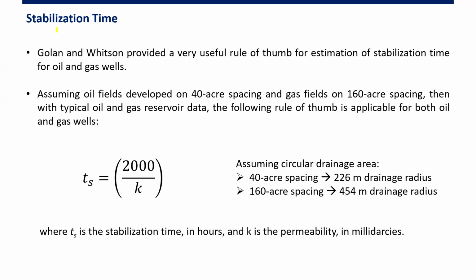Golan and Whitson provided a very useful rule of thumb for estimation of stabilization time for oil and gas wells. Assuming oil fields develop in 40-acre spacing, and gas fields on 160-acre spacing, then with typical oil and gas reservoir data, the following rule of thumb is applicable for both oil and gas wells.